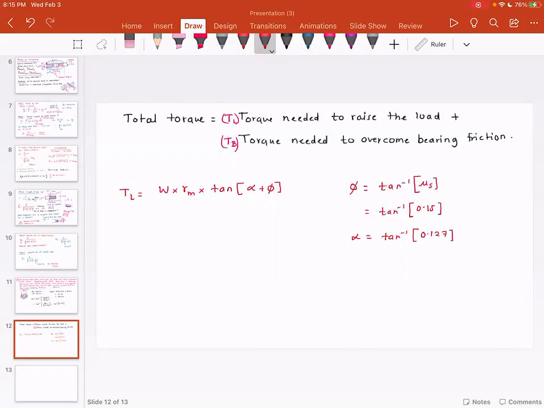So you can find these values and substitute them in the equation, which is 18 kilonewtons multiplied by the mean radius, which is 100 divided by 2, 50, tan of alpha plus phi.